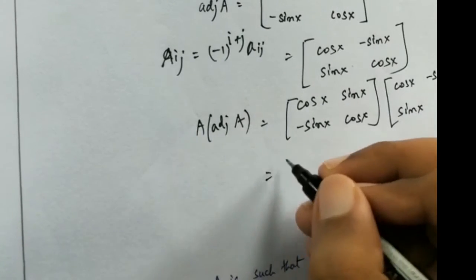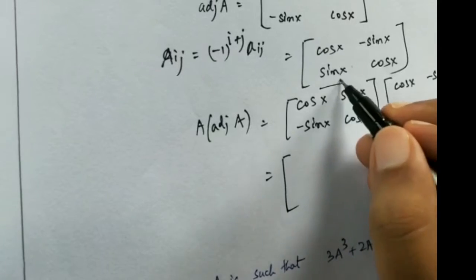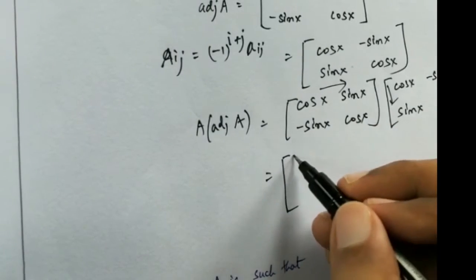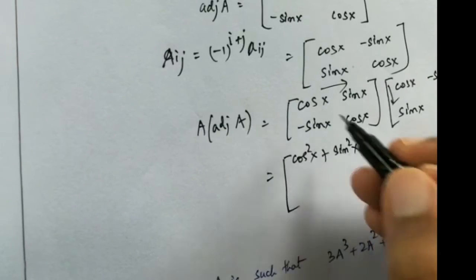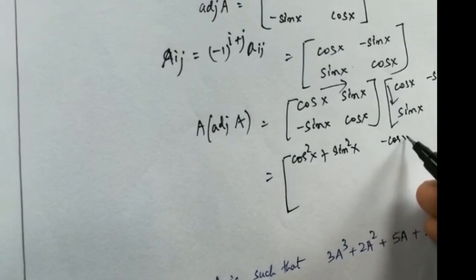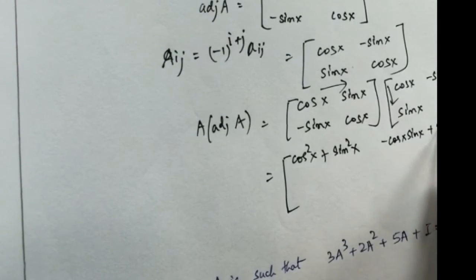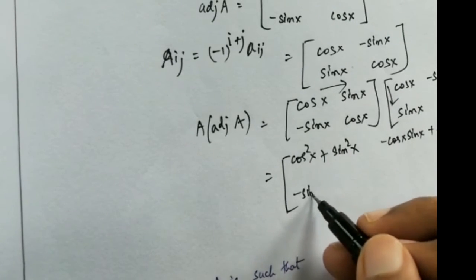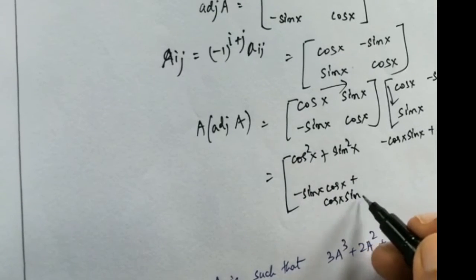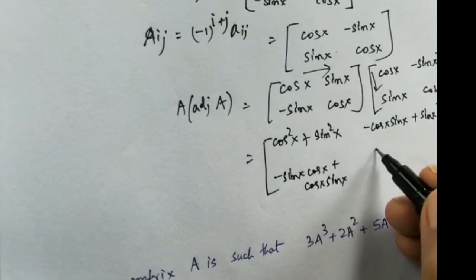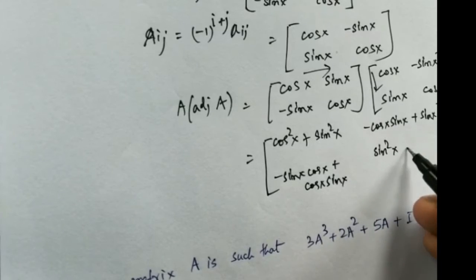When you multiply the two matrices, by row and column method, you will get cos square x plus sin square x. Next one is minus cos x sin x plus sin x cos x. Similarly, this one is minus sin x cos x plus cos x sin x, and ultimately you will get here sin square x plus cos square x.